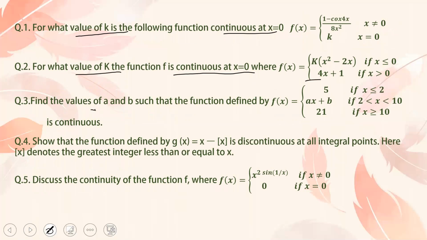Here you need to find the value of a and b so that the function is continuous. So it is continuous everywhere. So you need to find the value of a and b. And check this x minus box x is discontinuous or continuous, and discuss the continuity of this function.